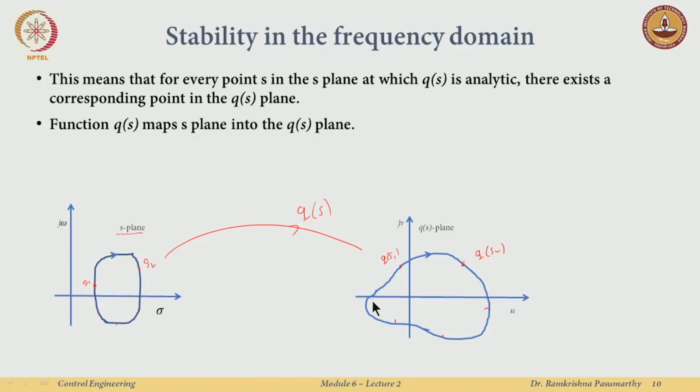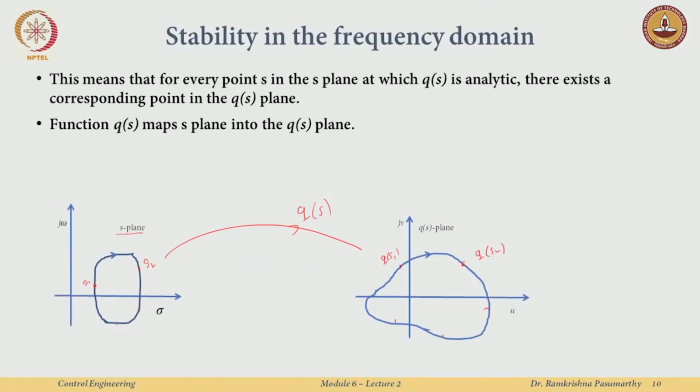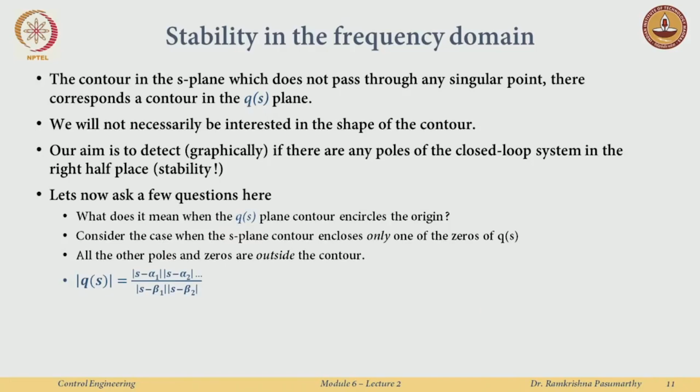I just have to make sure that I do not hit a point where S equals beta 1 or S equals beta 2, that is, I do not hit the poles, because at those points Q of S is not defined, but for all other points it is defined. We will not necessarily be interested in the shape of the contour. We will just say there is a contour here which maps to a contour on the other side.